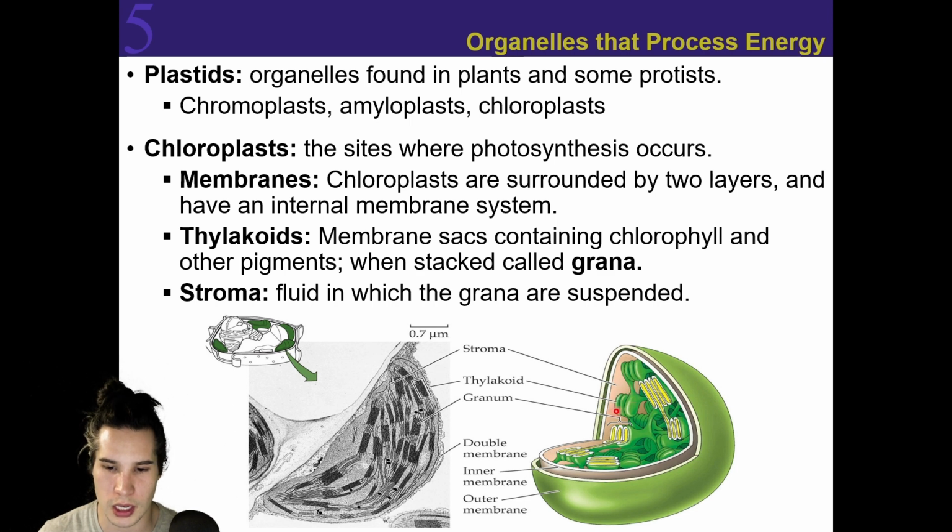A stack of those, or a stack of stacks, we would call a granum, and multiple stacks we would call grana. So grana is the plural form of granum. And then stroma, that's going to be the fluid that suspends all of this stuff within that inner membrane, and that's also where the Calvin cycle occurs, or the light-independent reaction.